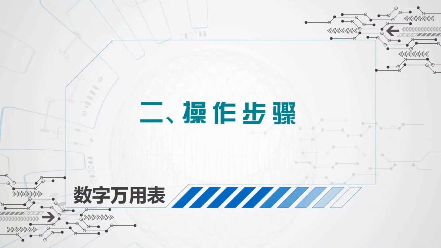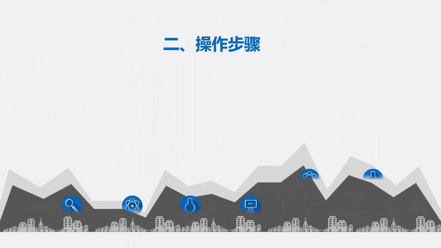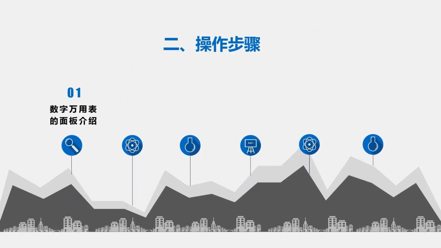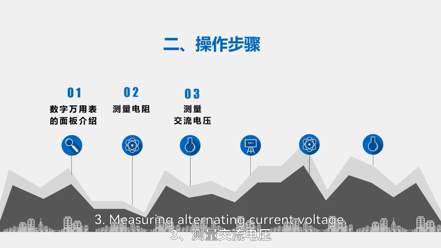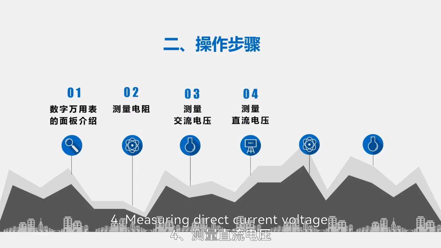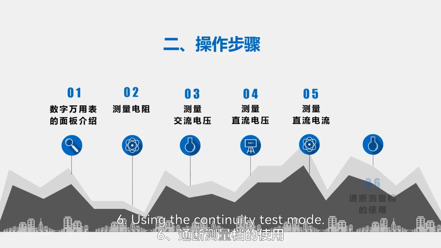Operating steps. 1. Introduction to the digital multimeter's panel. 2. Measuring resistance. 3. Measuring alternating current voltage. 4. Measuring direct current voltage. 5. Measuring direct current. 6. Using the continuity test mode.